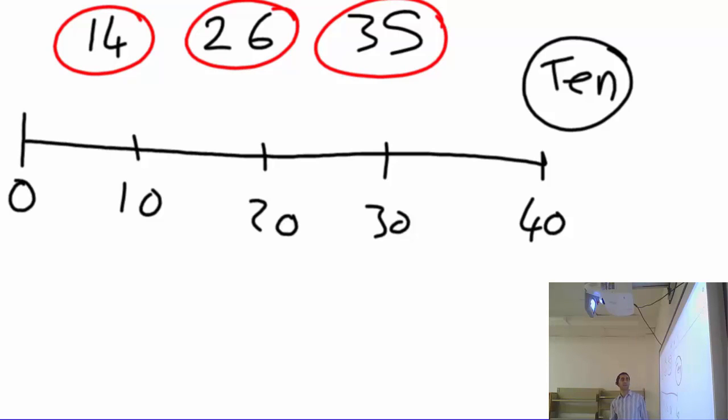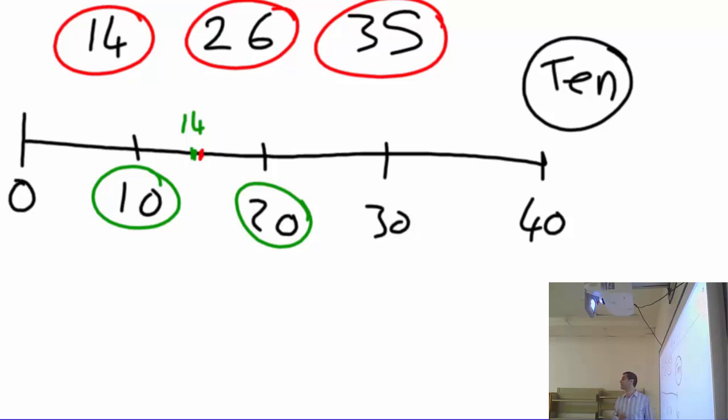Let's start with 14. First let's talk about 15. 15 is right here in the middle, and 14 is just on the left a little bit. So that's the 14. And we're going to round this. You have two options here, only 10 and 20. So your answer will be either 10 or 20.